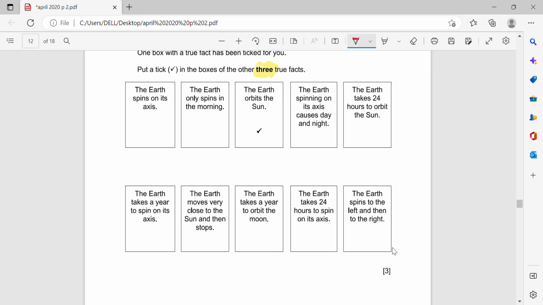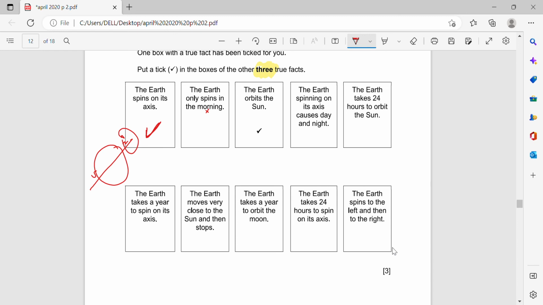The earth spins on its axis. احنا عارفين ان دي ال earth وعندها ال axis and it spins. صح؟ يبقى this is correct. The earth only spins in the morning. لا, it spins during the whole day. This one is made for us.